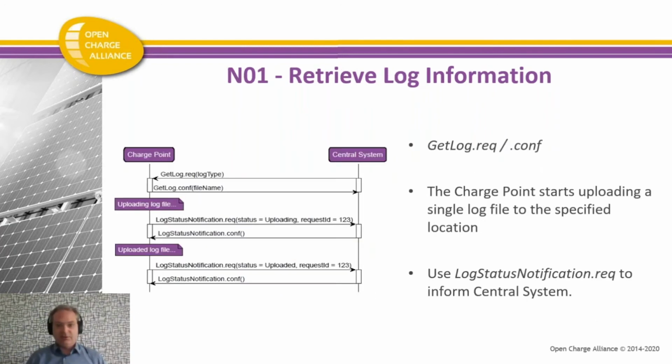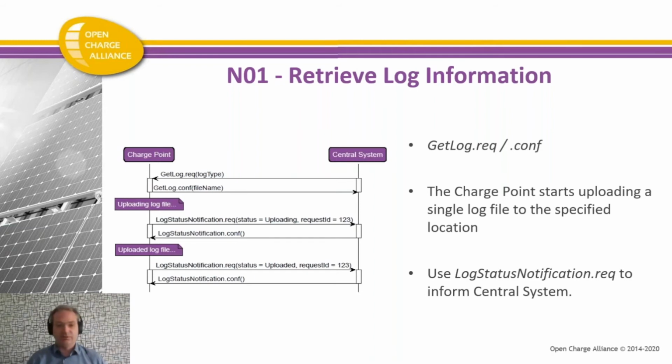Like I said, the security events also have to be logged, and of course, then the log has to be retrieved in some way. Now we have a separate get log message for this. So we are not using the get diagnostics, but a separate get log message. This has a log type as an argument. And if you request a security log, it will use the same way of uploading the log file to a server, to the central system.